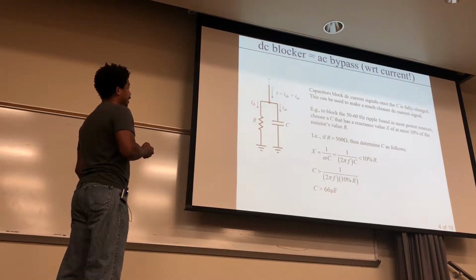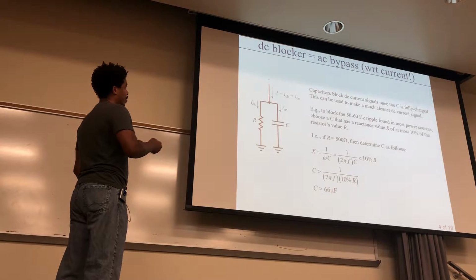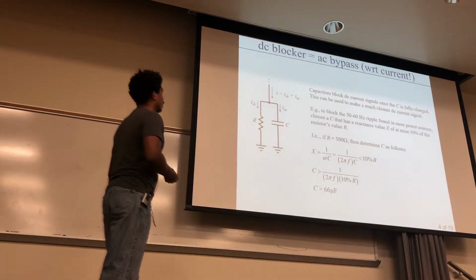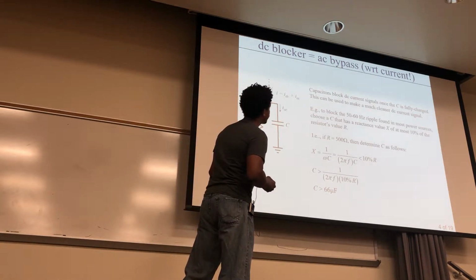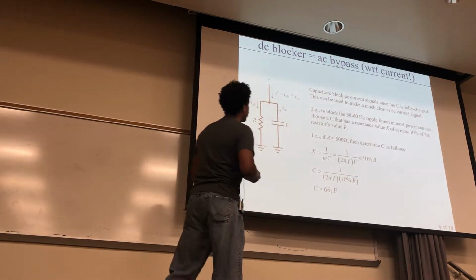For DC, since this can become fully charged depending on what the voltage is, once it's fully charged, DC can no longer go this direction. So this would then have the largest resistance to that DC current, so DC would go this direction. But that's only after it's fully charged. So capacitors block DC current signals once the capacitor is fully charged.